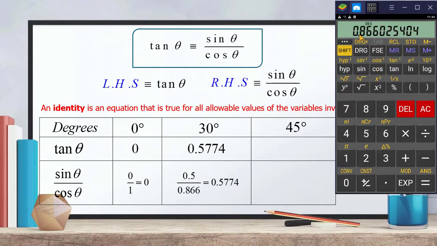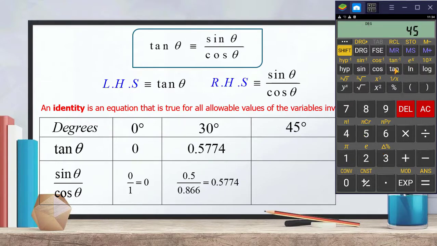Cosine 30 degrees is 0.866. So if we divide 0.5 by 0.866, our answer is 0.5774. Again, if the variable involved is 30 degrees, tan theta is identical to sine 30 degrees divided by cosine 30 degrees. They have exactly the same value, which is 0.5774.